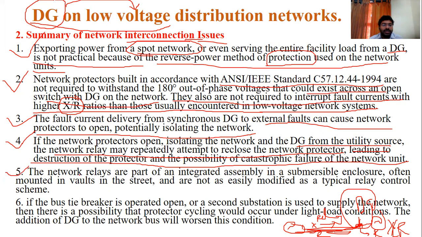Now see, the network relays are part of that integrated system, nothing but the power system. So we cannot eliminate the relays that operate the DGs on the low voltage network. So how is this connected?